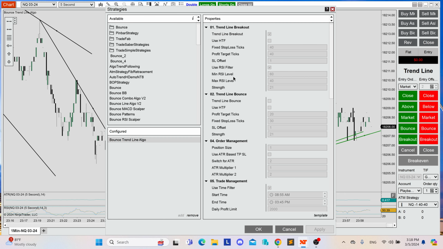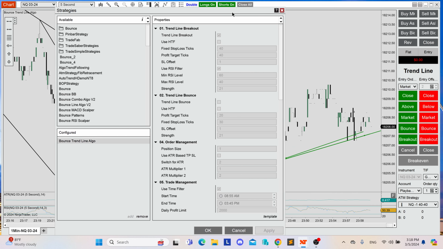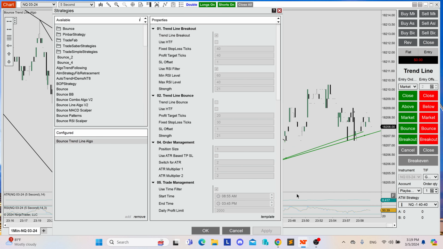So here's the strategy. Here are my settings. I'm still using 40 and 40. It's a 5-second chart. I'm using RSI, this new update. A reading of 60 or above must be present for longs, and a reading of 40 or below for shorts.